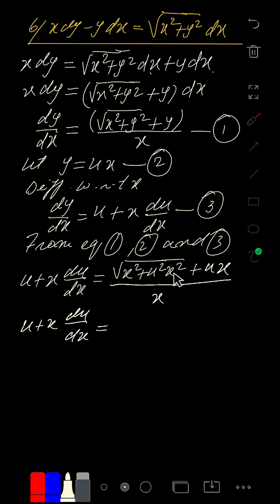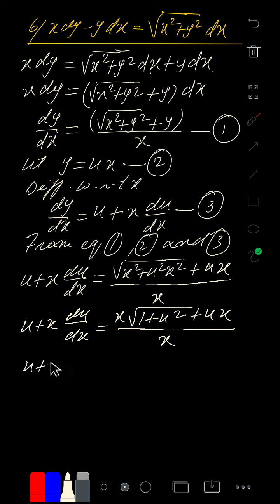Here we may take x square common out of root, it becomes x outside. Under root we have 1 plus u square only inside the root plus ux divided by x. Now u plus x du upon dx, taking x common out of these two terms, this x will cancel this x.